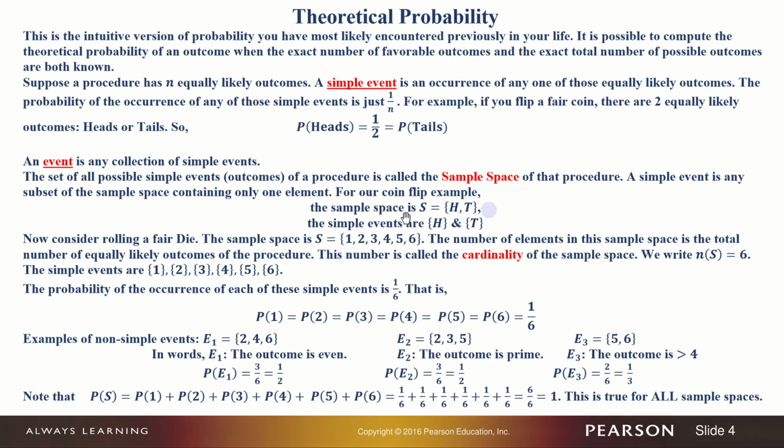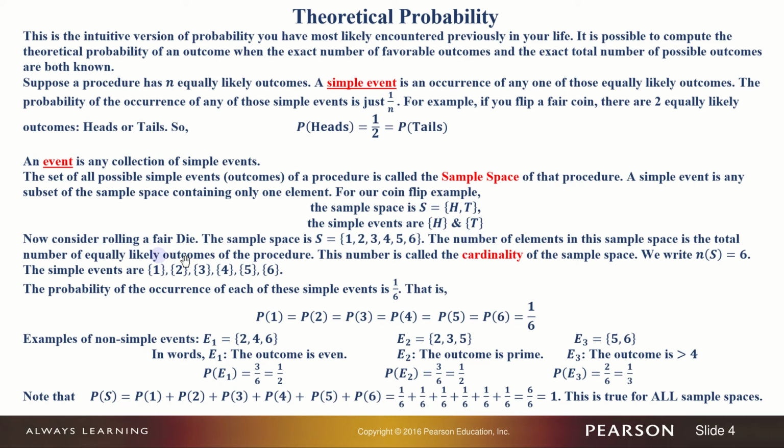For our coin flip example, the sample space would be, normally we use the capital letter S, and we use set notation here. We just state all the possible simple outcomes separated by commas. So the sample space would just be {H, T}, right? The simple events are the set containing only H and the set containing only T.